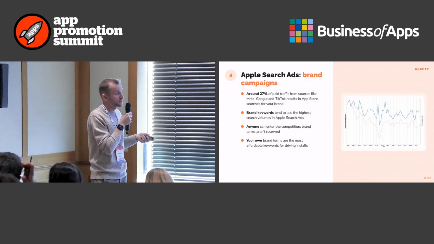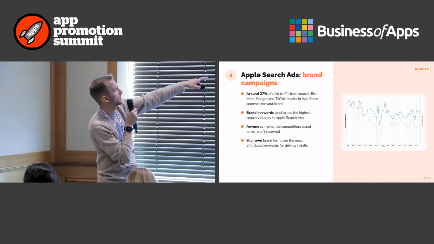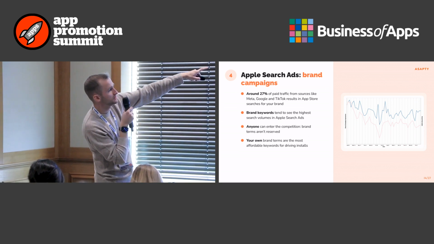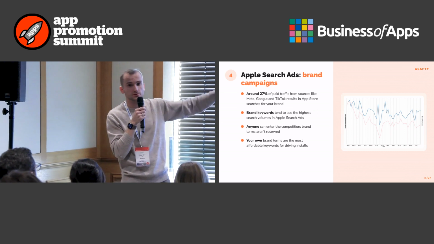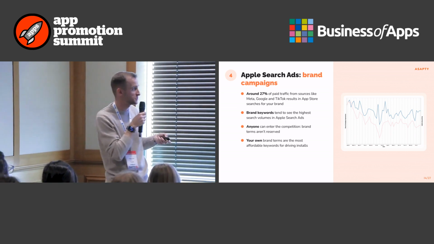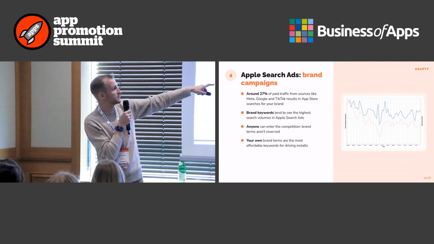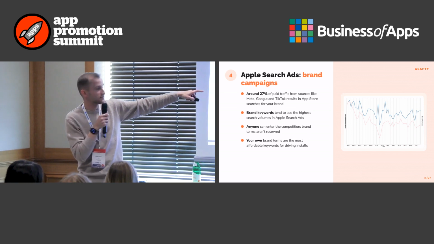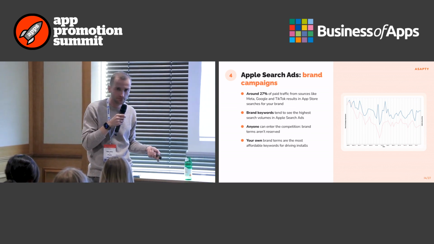We've calculated this, and you can see it on this graph. The blue line is the amount of traffic that they were buying through all the available ad networks, and the pink line is the amount of impressions that they had in Apple Search Ads for their brand name.